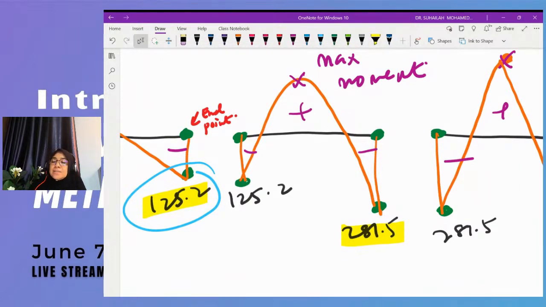The end point is 0. This is the end point. So this negative 281.5, we add with positive 281.5, we get back to the end point, 0 position.